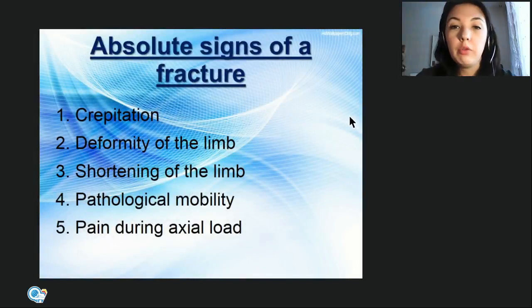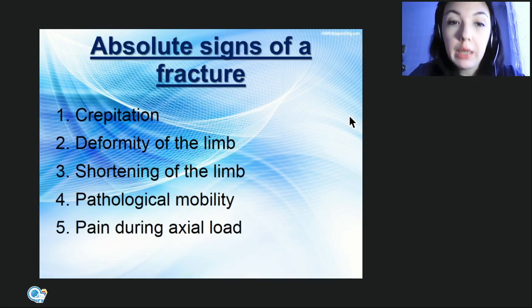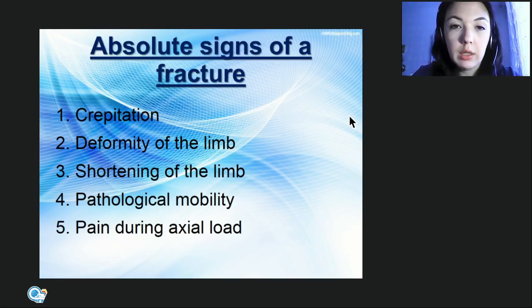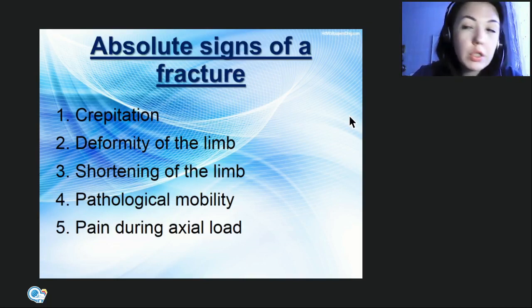So what are the absolute signs of a fracture? First, when a patient comes to us, he complains of pain. Pain, of course, is the first sign of a fracture. We should identify what it is exactly, if it is a fracture or maybe just a small trauma, maybe a dislocation. So the absolute signs of a fracture: crepitation.